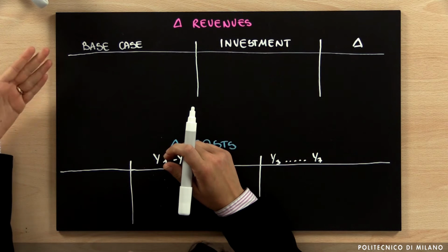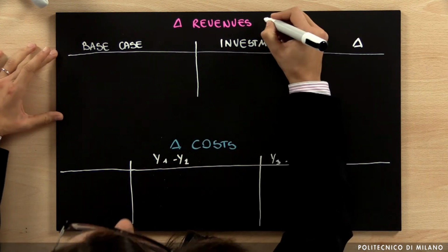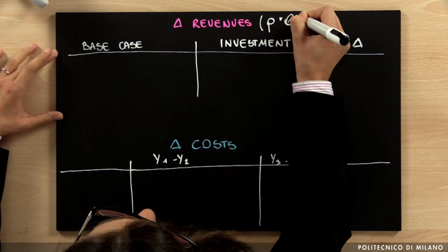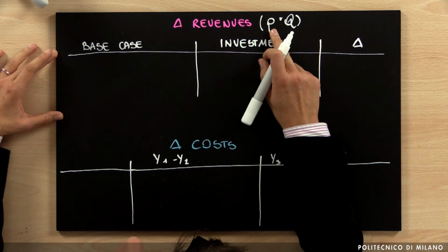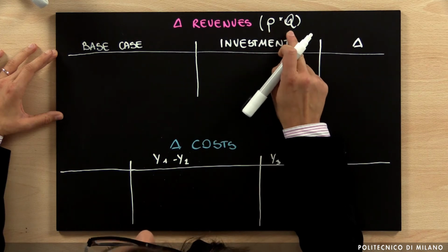We have some data, so we can use this data to calculate the amount of revenues that we have in the base case. The revenue is calculated as the price multiplied by the quantity. The price is something that we know because the company has a selling price of its product of 700 euros per unit. We need to identify the quantity.